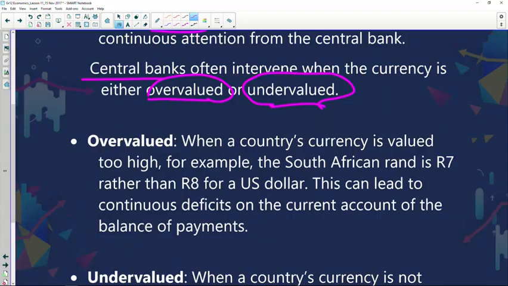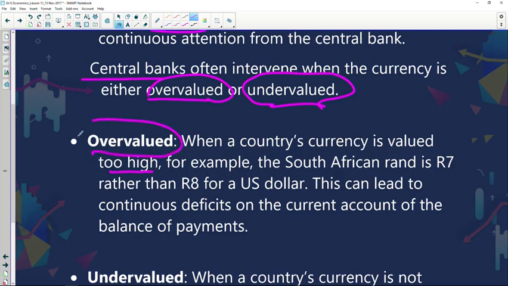Okay. And then overvalued. We say a currency is overvalued when a country's currency is valued too high. For example, the South African rand is 7 rand rather than 8 rand for a US dollar. This can lead to continuous deficits on the current account of the balance of payments. Not an ideal situation.